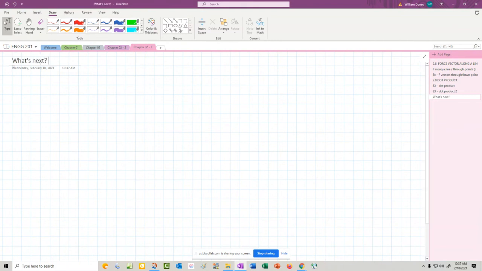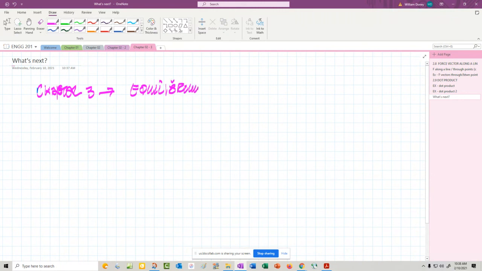All right, I know you're dying to know, but what comes next? Obviously what comes next is chapter 3. And chapter 3 is talking about equilibrium of a particle.